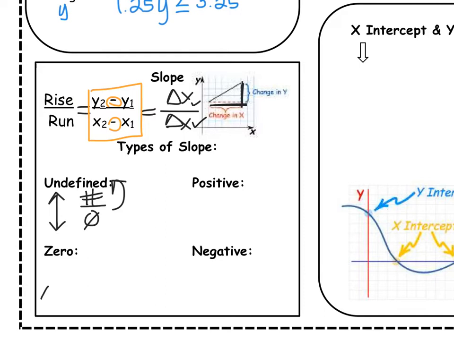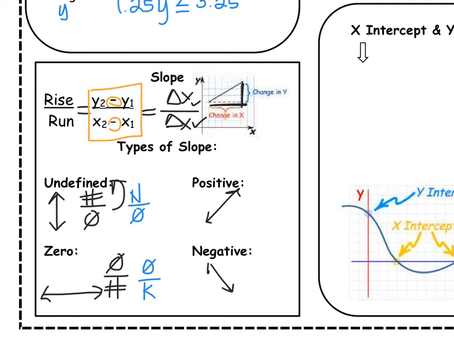Now a 0 slope, this is 0 fun, is a horizontal line, and that is 0 over a number. And one way I remember this is that no, you can't have 0 as a denominator, but it's okay to have 0 as a numerator. And then our trusty old positive slope is going uphill, and our negative slope is going downhill.